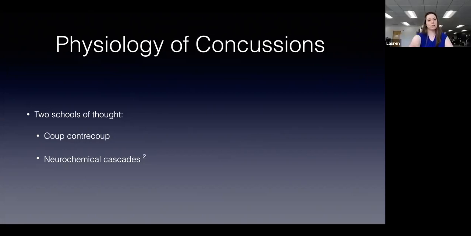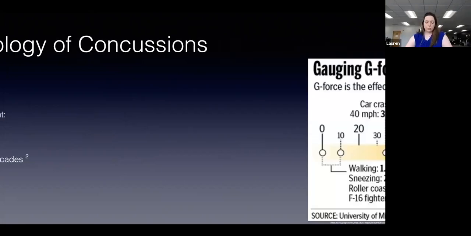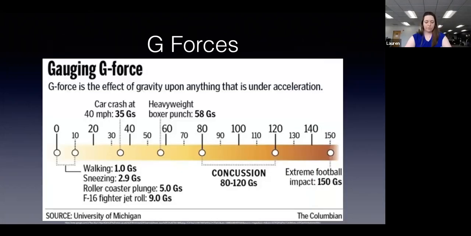So moving on, this is just something that I found very interesting and kind of puts into perspective the amount of force that the brain takes on with a concussion. So G forces: just walking, we're under like 1G, roller coasters are around 5G, F-16 fighter jets around 9.